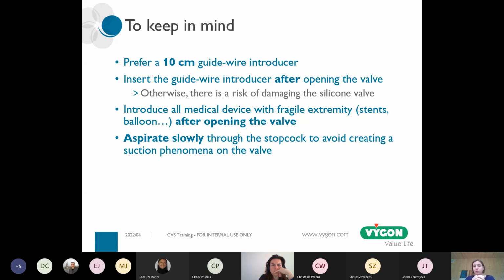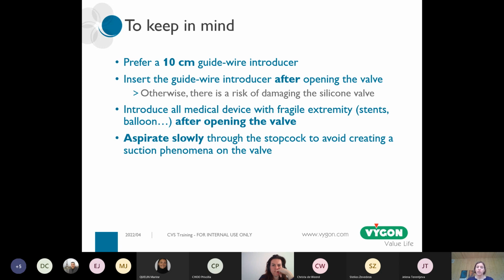It is very important because the risk is to damage the silicone valve. And when you introduce medical devices, for example, stents and balloons, they have a fragile extremity, so you have to open the valve. It's very important.